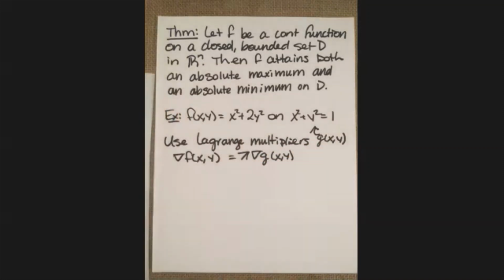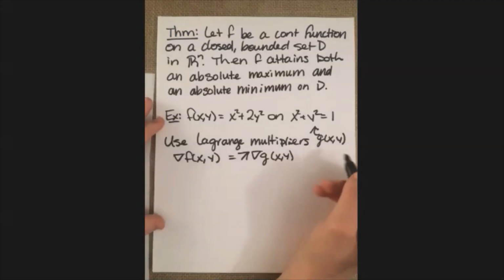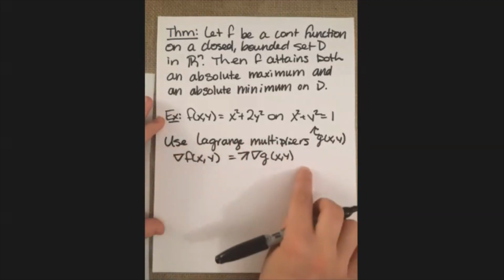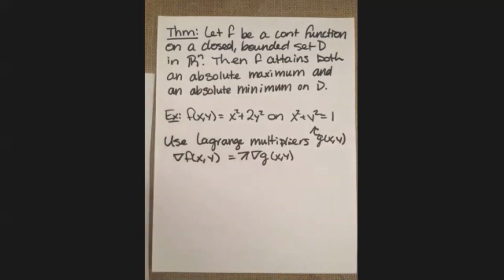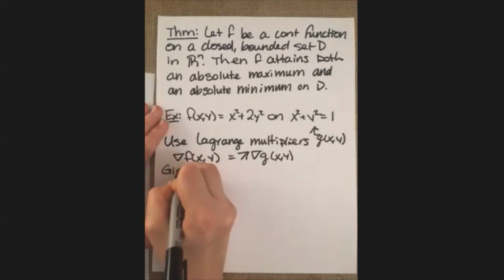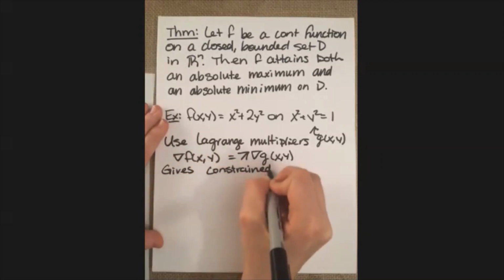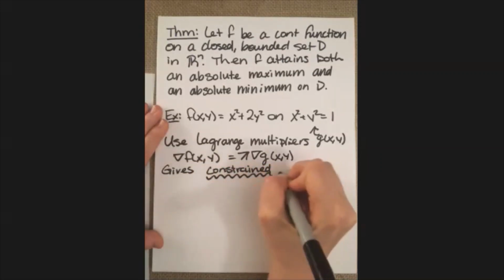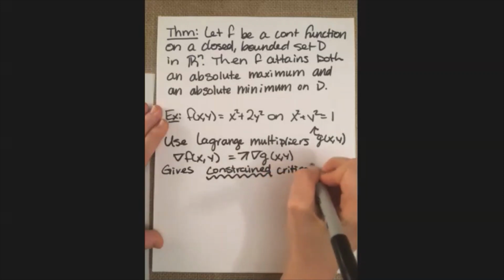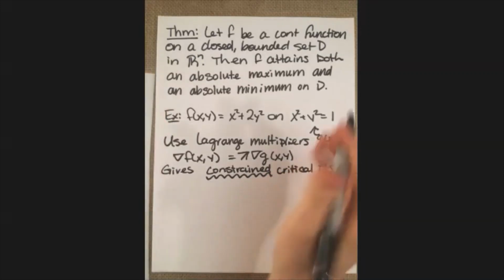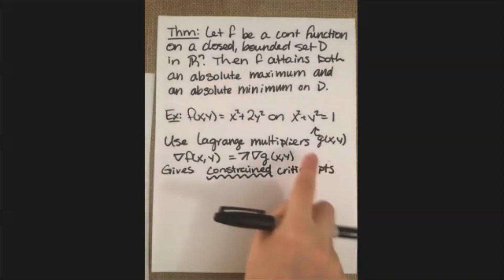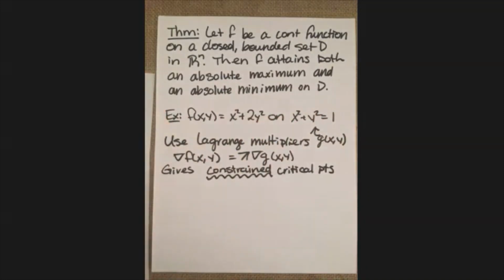Lambda is just some number that we're multiplying the gradient of g(x, y) by. And we have to solve this equation and figure out where this holds true, and that will be what we call constrained critical points. So possibilities for absolute maximums and absolute minimums following what's called this constraint right here.